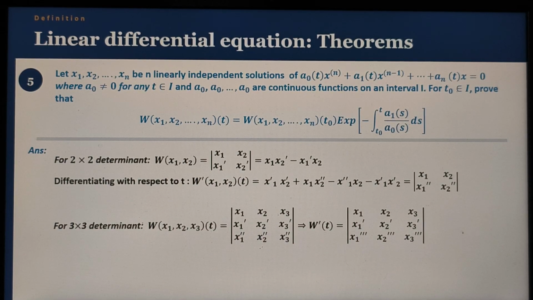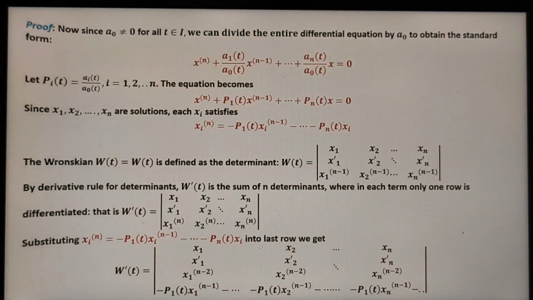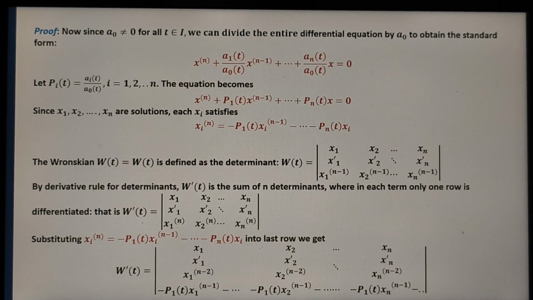Okay, and for the third order determinant, we see that W'(t) equal to the determinant with rows x1, x2, x3, then x1', x2', x3', and x1''', x2''', x3'''. Okay, so now we consider the general differential equation, and since a0 not equal to 0, by dividing by a0 we get x^(n) plus a1 by a0 x^(n-1) plus ... plus an by a0 x equal to 0.